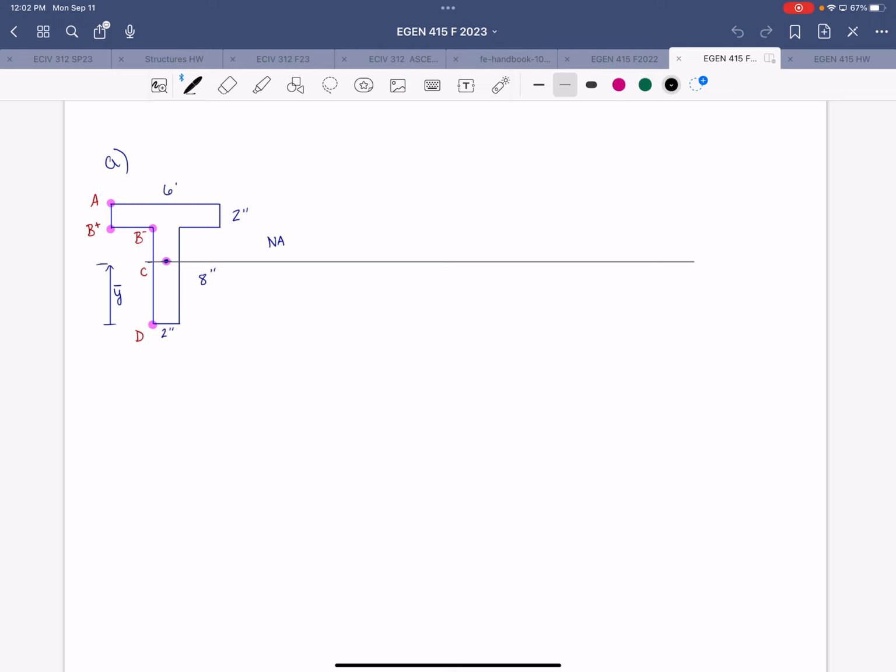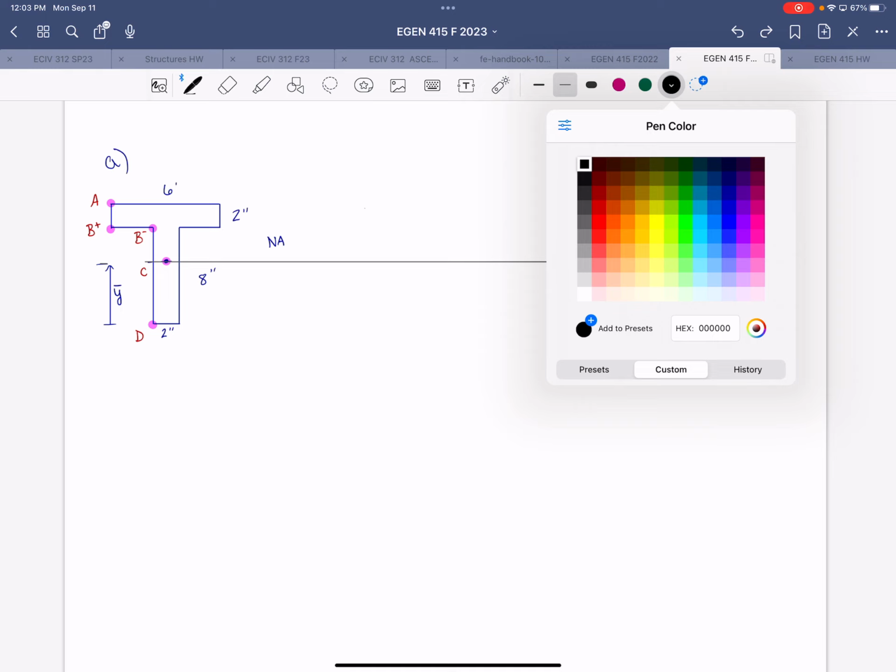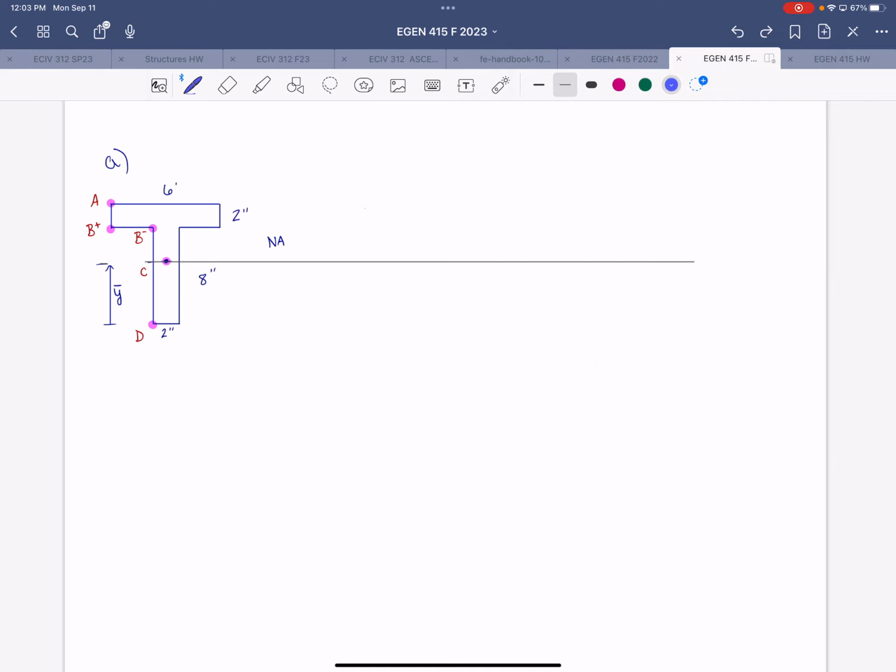So if we draw the shear stresses first here, I'll just start with a vertical line. I'm going to use a different color. All right, so we had for shear stress, we had 0 at the free edges, and then at this location, I'm just going to draw a horizontal line to help me out there, we calculated a value of 0.44.